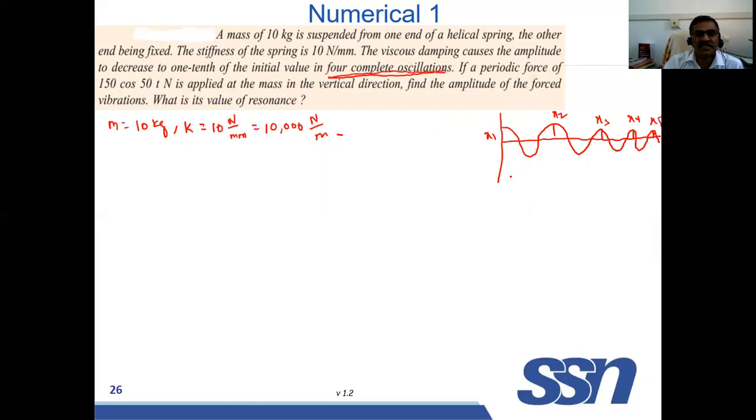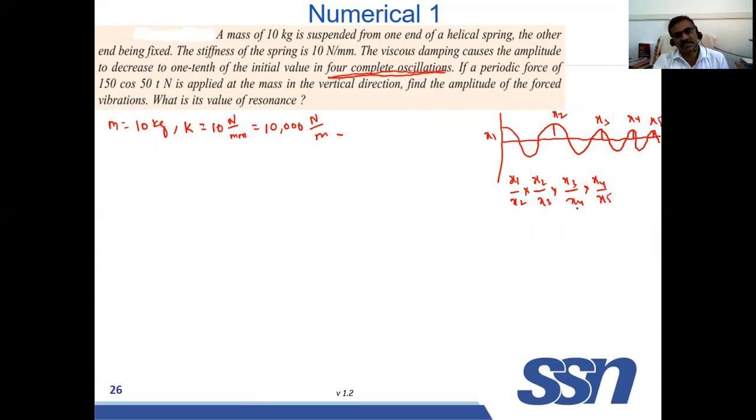The ratio for the first cycle is x1 by x2, second is x2 by x3, third is x3 by x4, and x4 by x5.